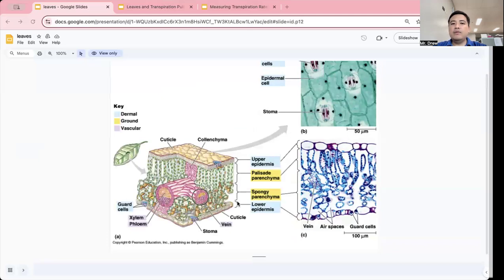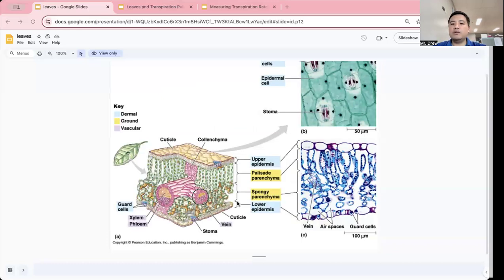All right, so let's review the leaf cross section and its stomata. To summarize, broad, thin leaves maximize photosynthesis. Please remember that. Palisade mesophyll absorbs light. Spongy mesophyll allows gas diffusion, and stomata and guard cells control gas exchange and water loss.